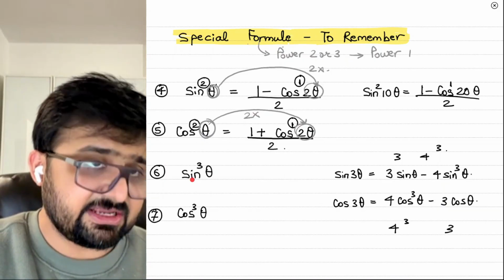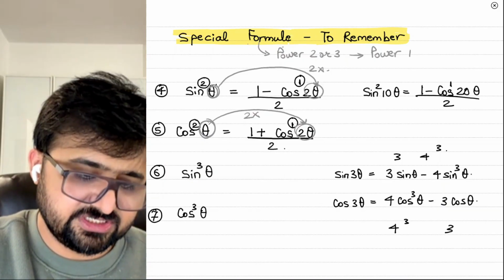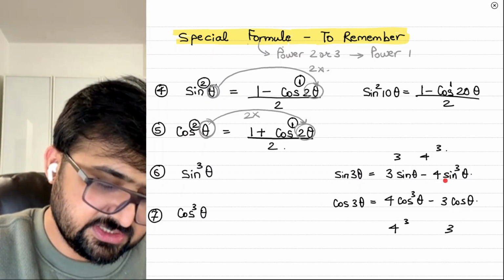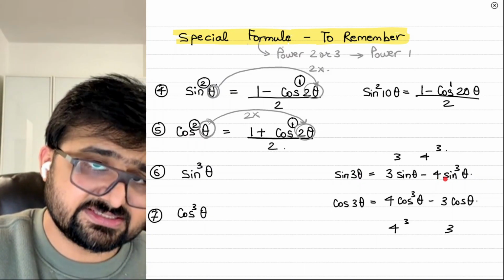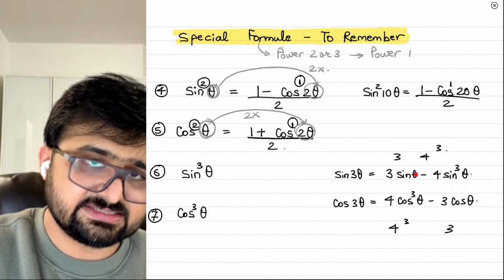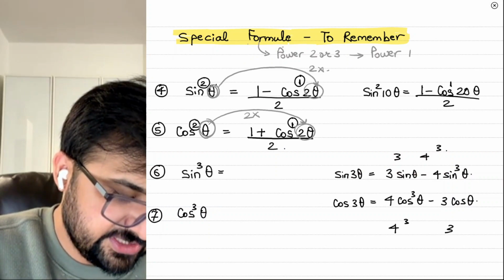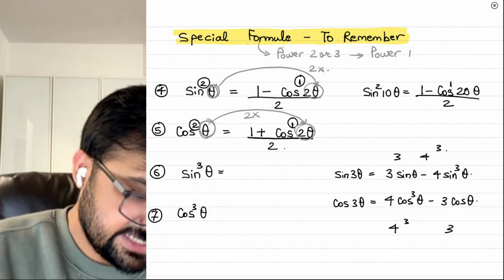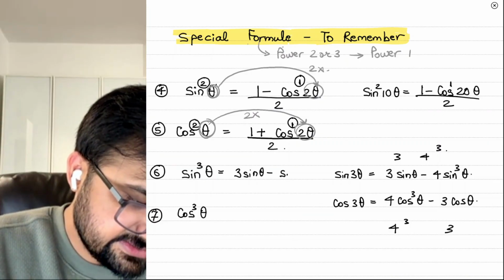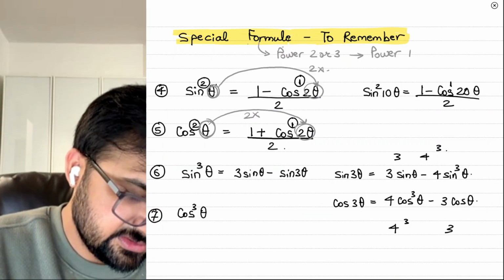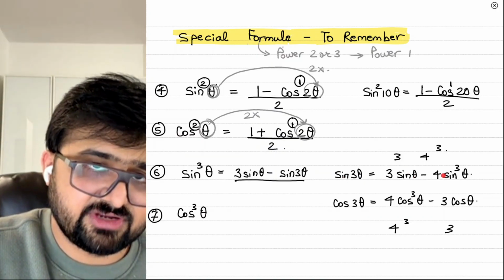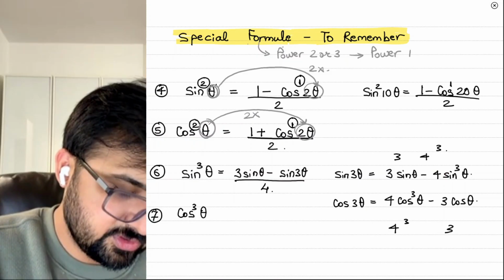So I can find the values of sine cube theta and cos cube theta from these equations. If I want to find sine cube theta, I bring this expression to the left-hand side and sine 3 theta to the right-hand side. So sine cube theta becomes (3 sine theta minus sine 3 theta) divided by 4.